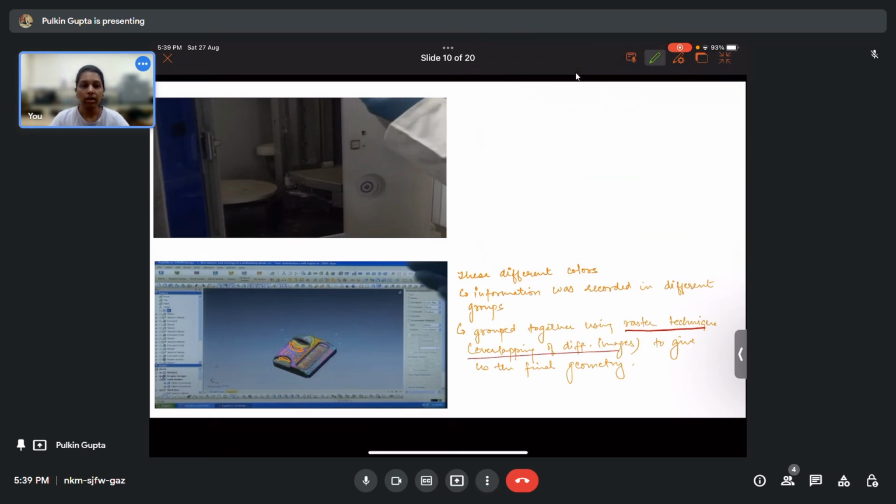Now, the last one we saw was the closed chamber red light scanner, whose zoomed inside image is shown here. This is the closed chamber red light 3D scanner.